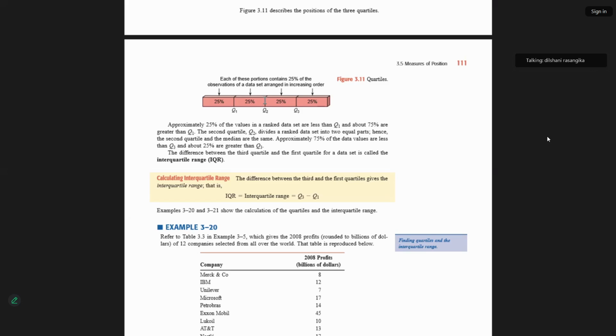But the problem is, in such cases we can divide that much data into exactly 2 portions. That means it is an even number. 20 is an even number. So in such cases, there are 2 middle values, right?